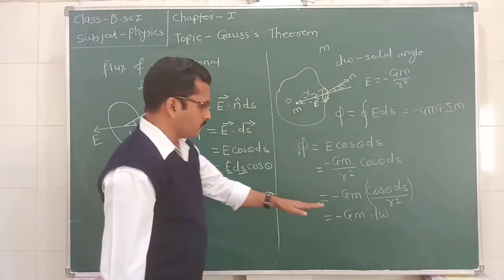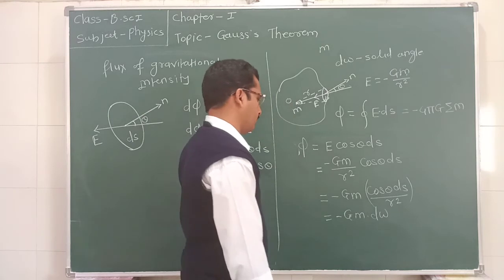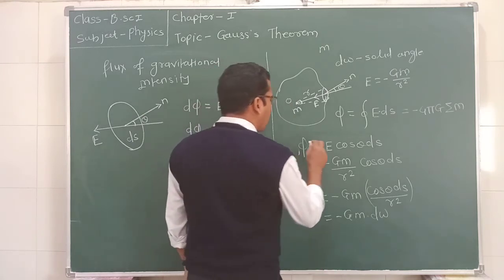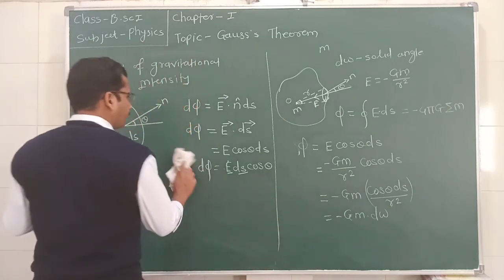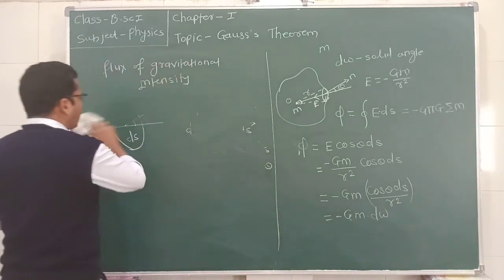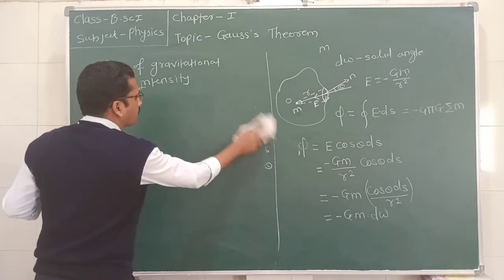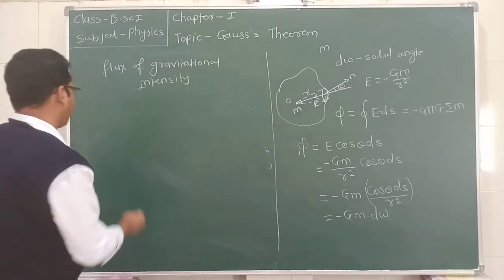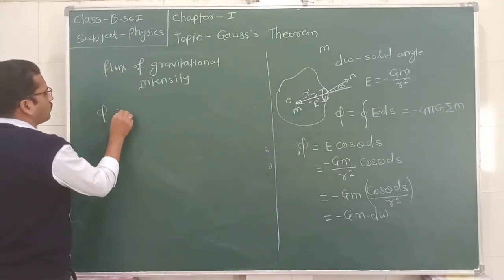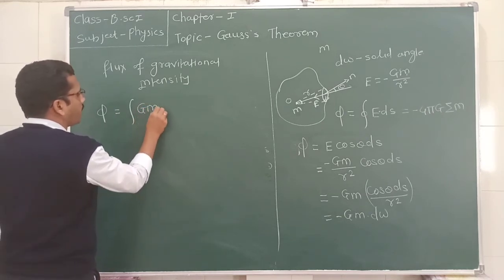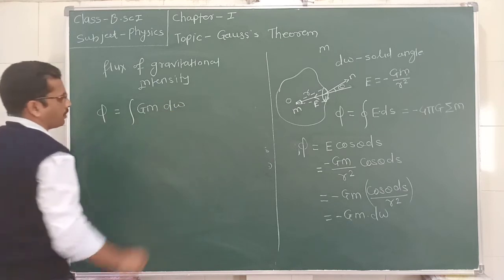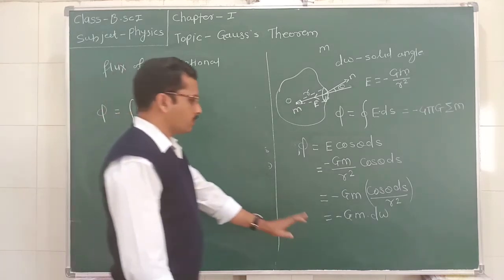Now, what is the solid angle? So we can integrate this equation. After integration, we get the Gauss theorem as phi equal to the integration of minus Gm d omega. What is d omega?